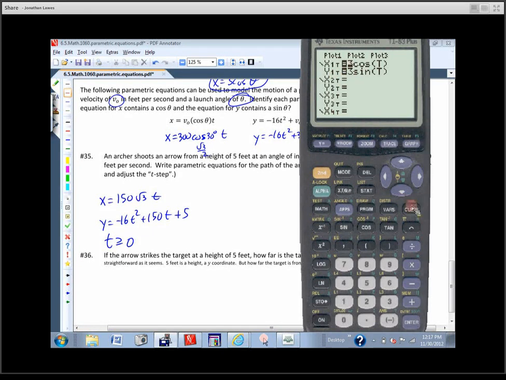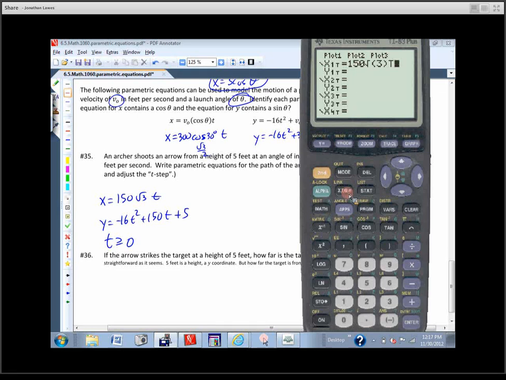I happened to be doing this last time, so I'm going to clear this off. I'm going to put in the equation for x. So that's going to be 150 square root 3, close the parentheses. And again, we're going to hit this button for the variable, but it says x, t, theta, and n. If you're in function mode, it puts an x. If you're in polar mode, it puts a theta. We're in parametric mode, so you hit that button and it hits a t.